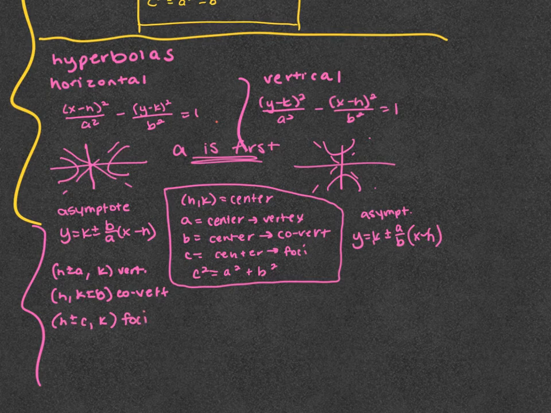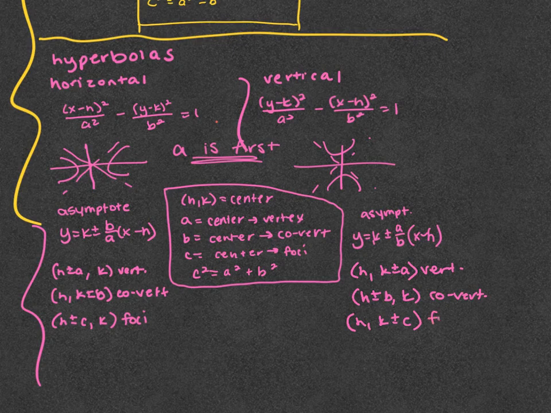That's if it's horizontal. If it's vertical, then I leave the h, I change the k for the vertices. I change the h for the co-vertices, and I change the k for the foci.